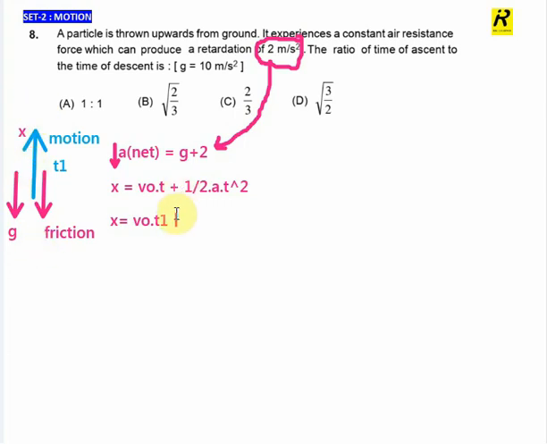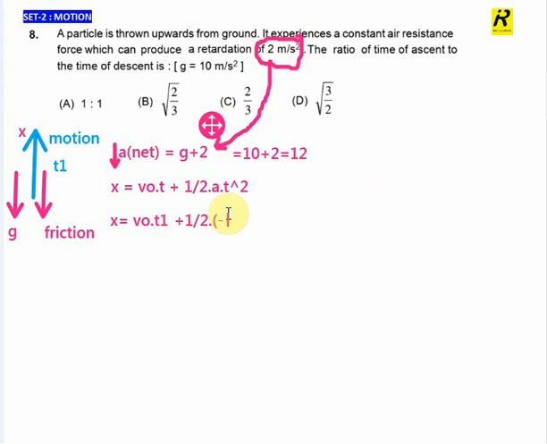In that time, the body moves up, and on reaching a maximum height, it will come back. So T1 plus half into a, where a is a net. A net is downward, and downward acceleration is always negative, so I should take a minus. So minus of g plus 2, and g is 10, so 10 plus 2, which is 12.